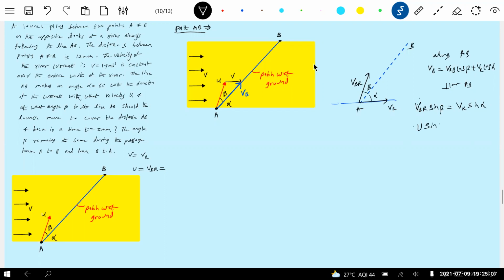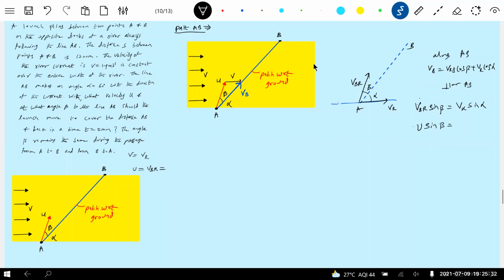Beta is what? AB is given, alpha is given. Beta is unknown, VBR is unknown. Okay, let's keep all these unknowns.